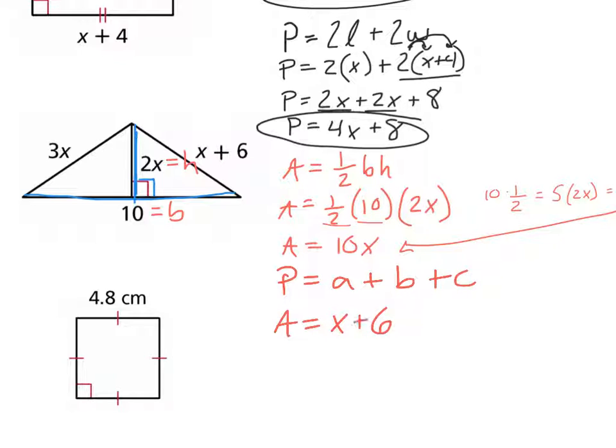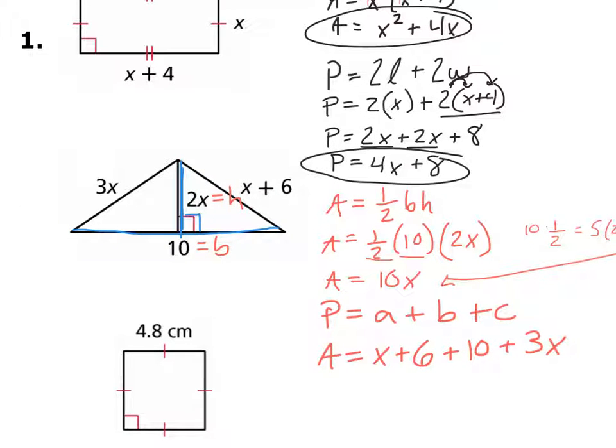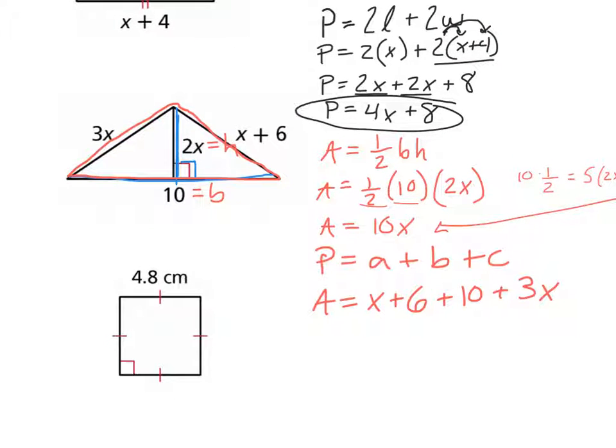X plus 6 plus 10 plus 3x. Because the perimeter would be as if we were walking along the outside of the triangle and we add up everything we walk. So we're not including the 2x in this because we're only adding the sides.